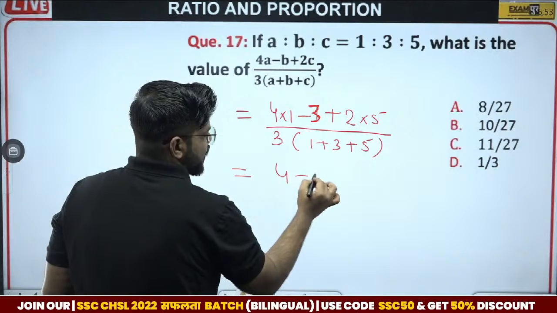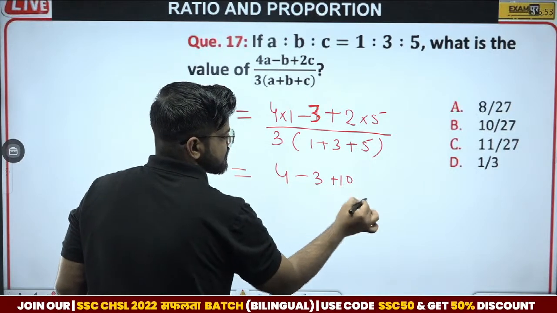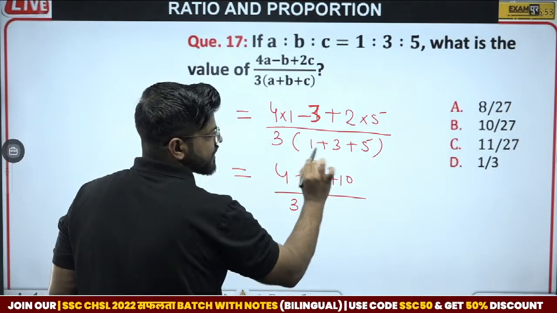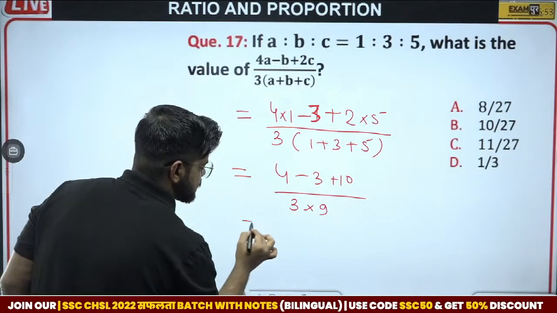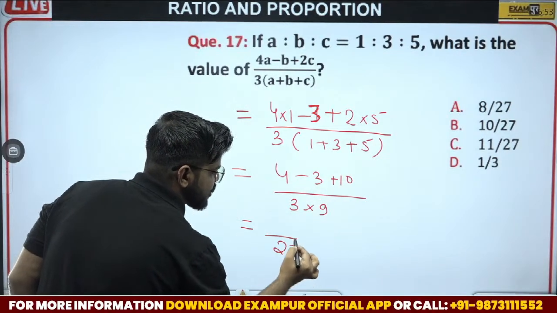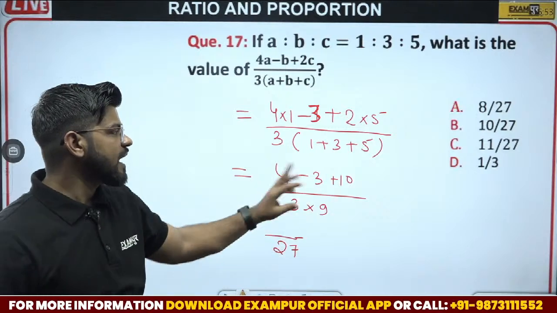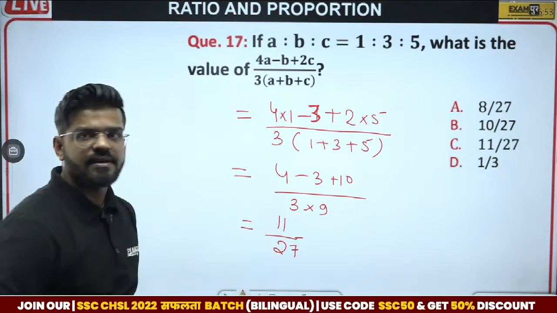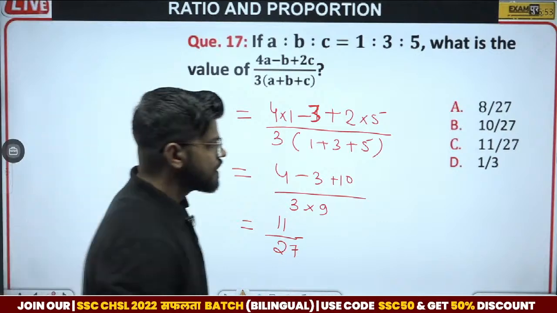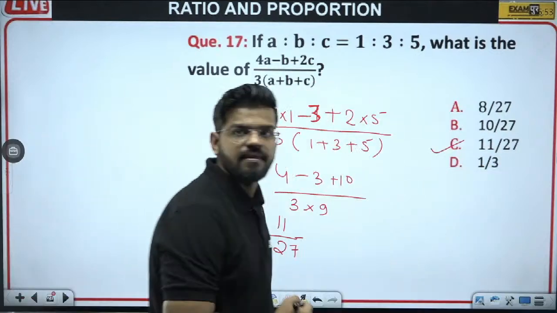So we have 4 minus 3 plus 10, and in the denominator we have 9. Okay, so we have 27 in the denominator, and in the numerator we have 11. So 11/27 is my right answer. Okay, so option C.